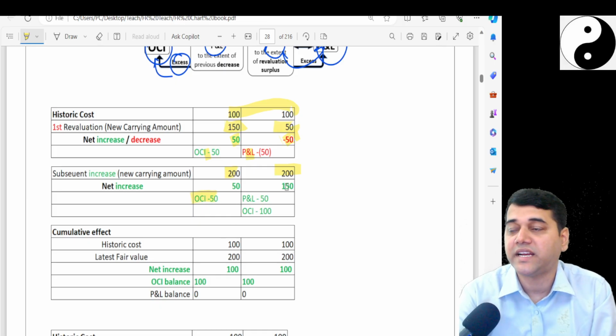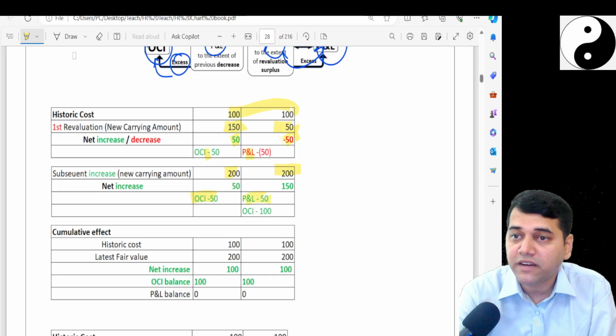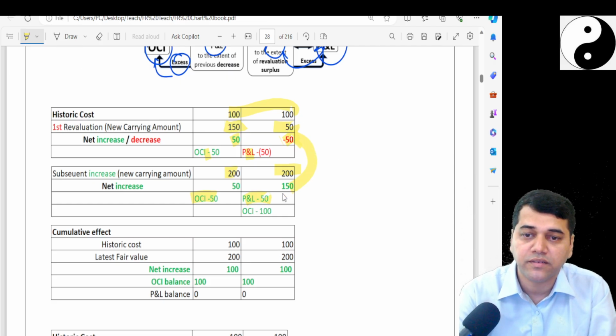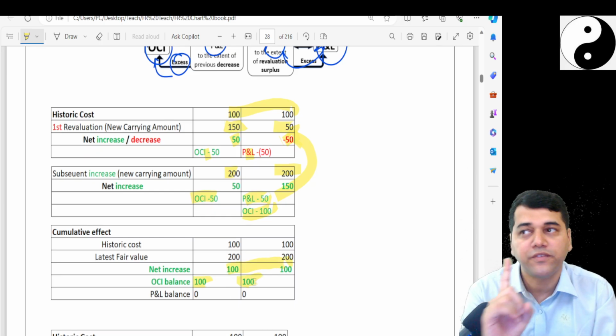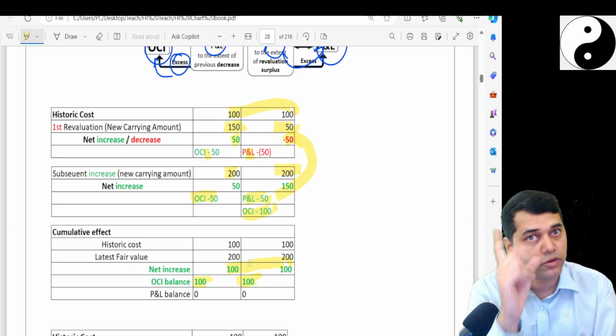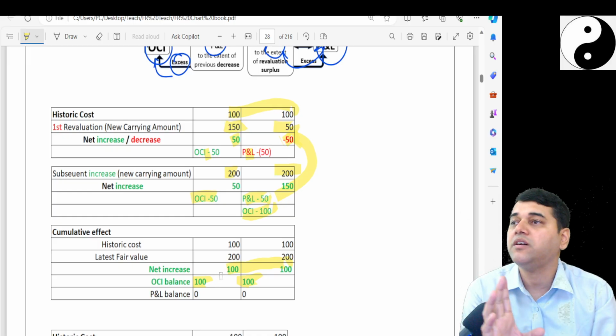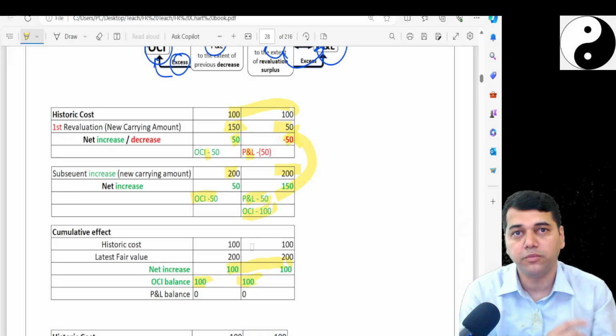First time decrease, second time increase: 50 you recover. This 50 you are going to recover, and the balance 100 only will be taken to OCI. Overall only 100 you are going to take. So the cumulative effect will be a net increase of 100. And you see that net, if it is a net increase over your original cost, then it will be in the OCI or the P&L cumulatively.